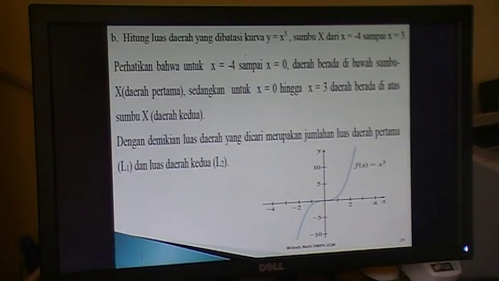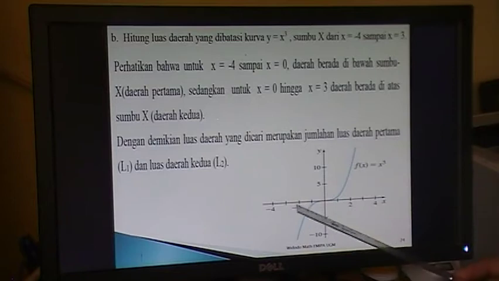The third example is about the function y equals x to the power of 3. If we want to count the area between x equals minus 4 and x equals 3, we have to look at the picture.